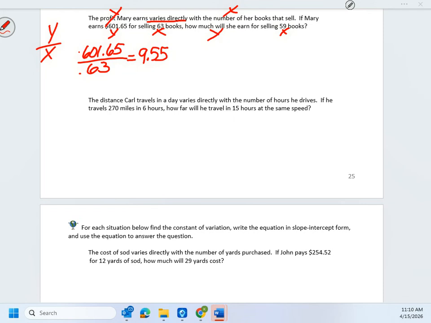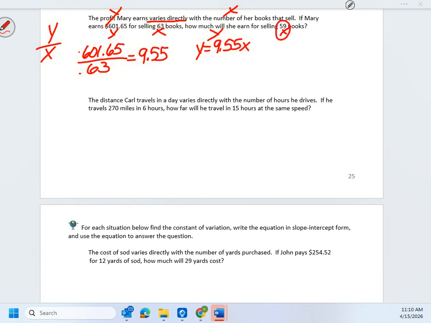What do I need to do? All right, so do that for me. What do I write next? You put 59 in place for the X.